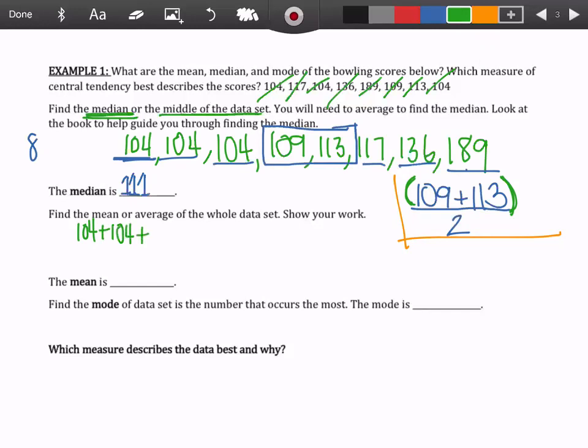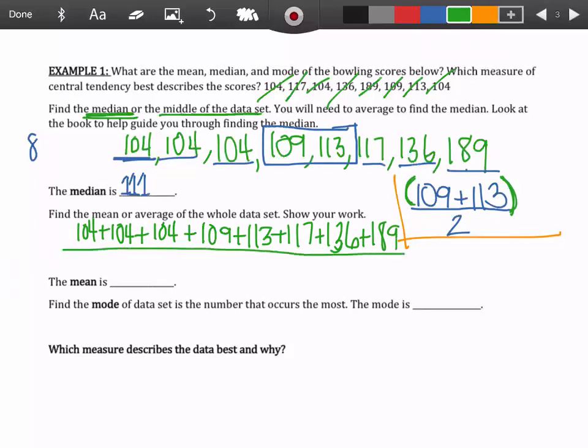So 104 plus 104 plus 104 plus 109 plus 113 plus 117 plus 136 plus 189. So now we're going to divide all of that by 8, because that is the amount of data points that we have.